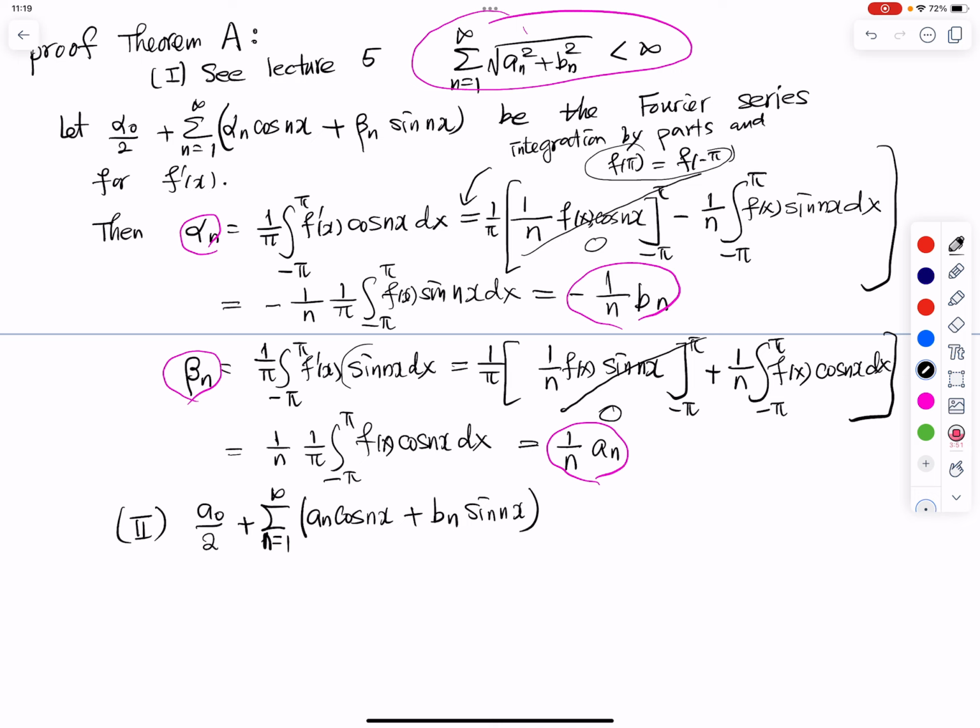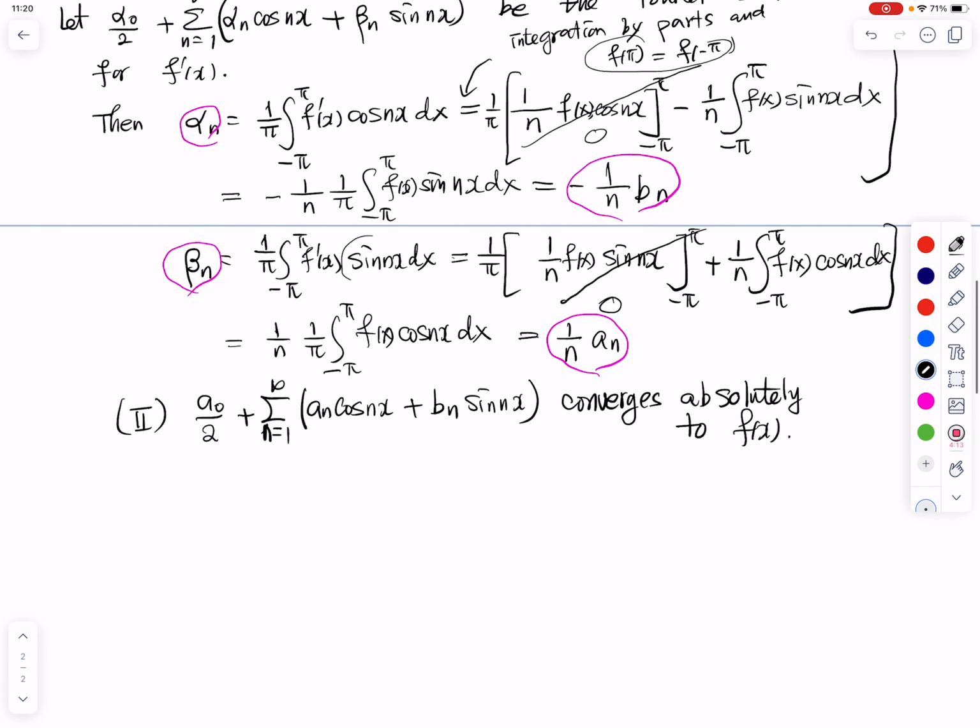So we need to show this one converges absolutely to f of x. So we prove this one first.